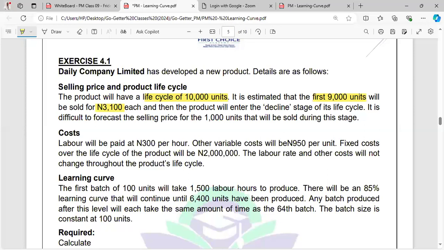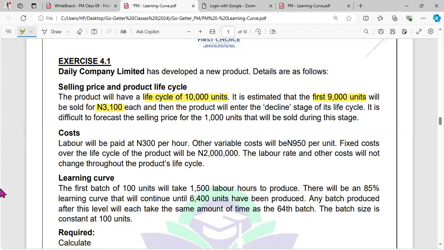So in the product life cycle, there are at least 4 stages: the introduction stage, the growth stage, the maturity stage, and the decline stage. The decline stage is after the first 9,000.